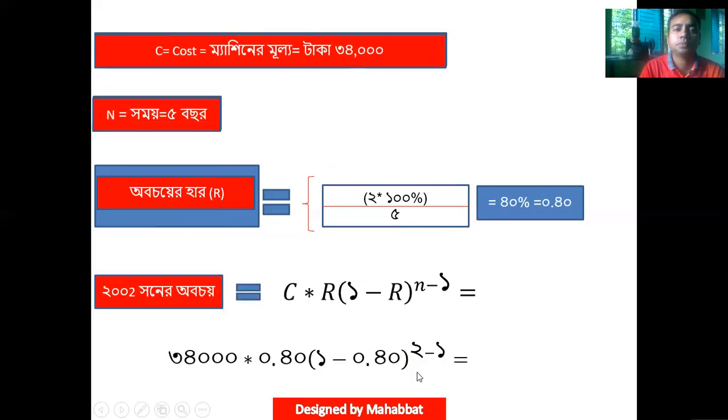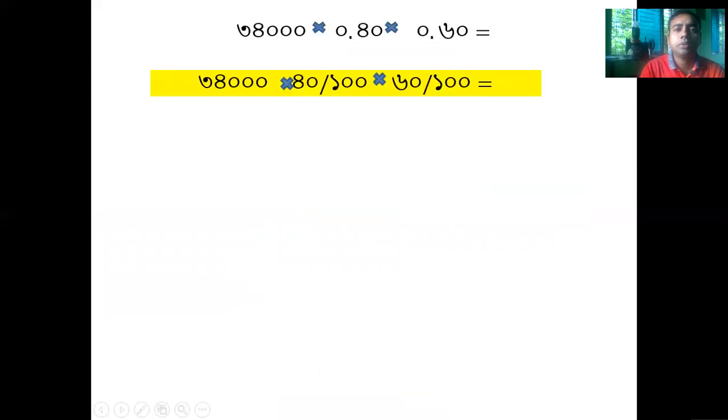So 34,000 into 0.4 into 0.6. So the result, 34,000 into 40 divided 100 into 60 divided 100. So the result is 8,640.